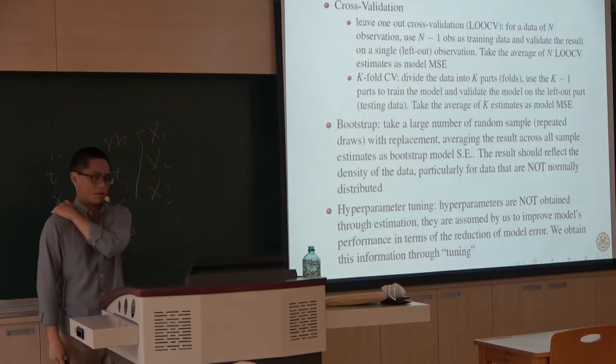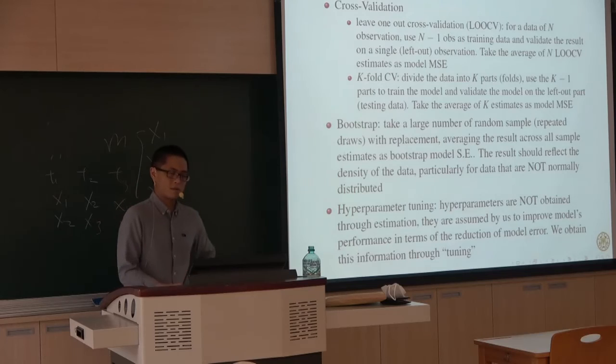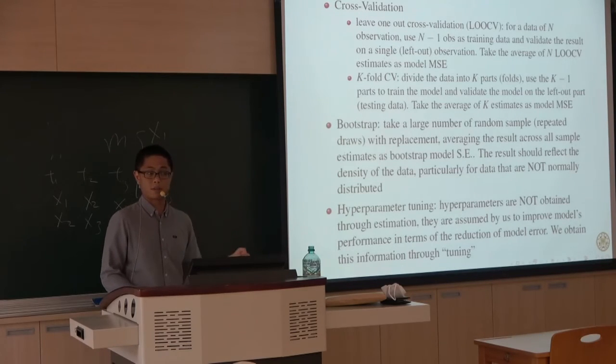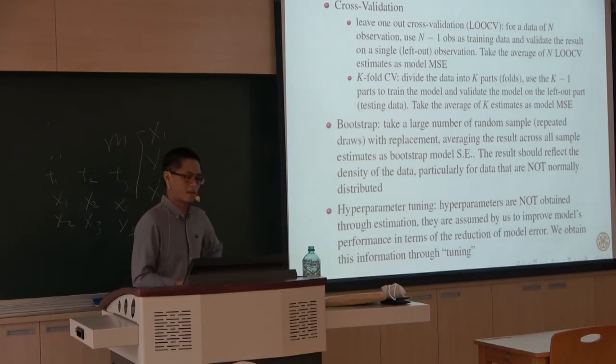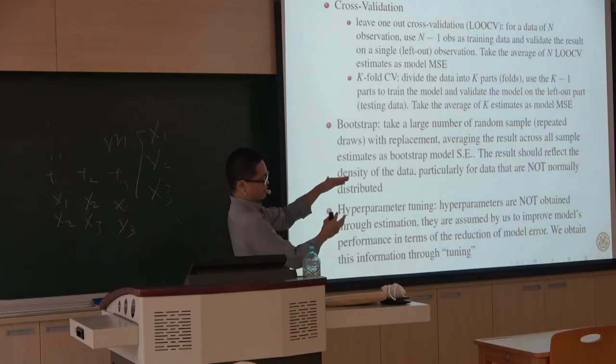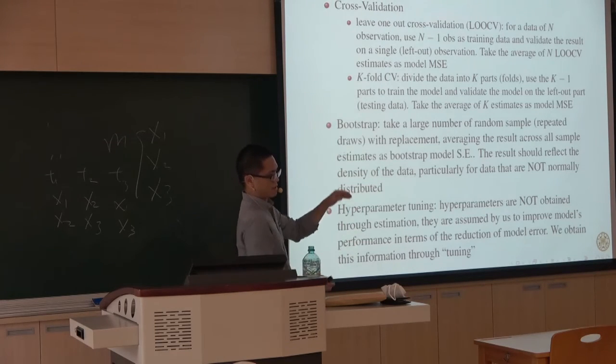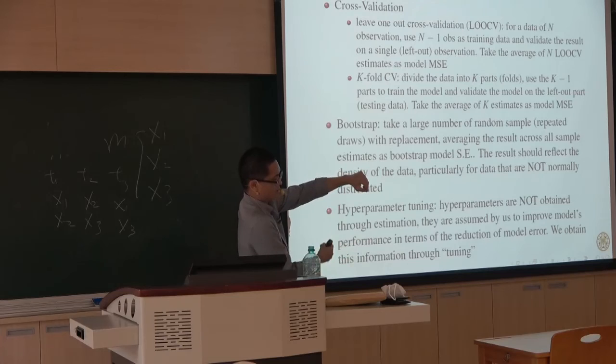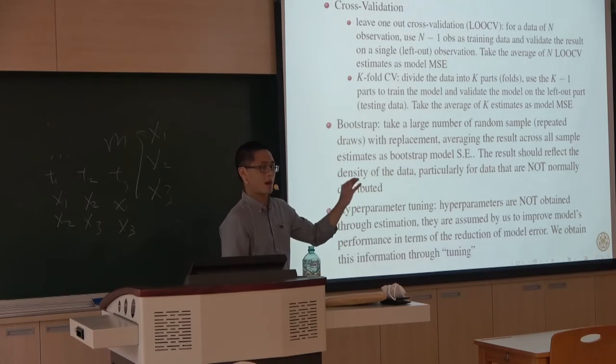Alternatively, we can use Bootstrap. Bootstrap takes a large number of random samples through repeated trials with replacement, of course. We average the result across all sample estimates as our Bootstrap standard error. The result should reflect the density of the data because it has replacement. If a large number of data points are clustered around a certain range, they have a higher probability of being selected each time.